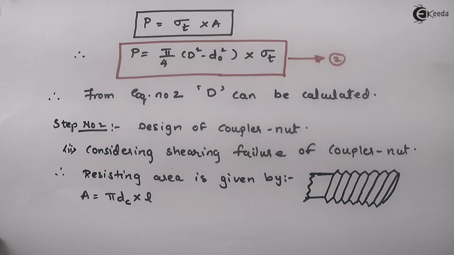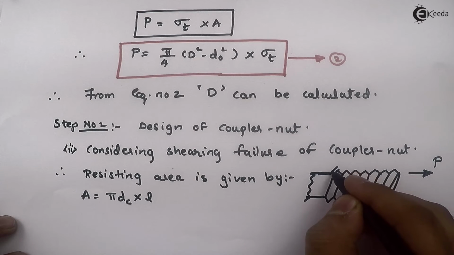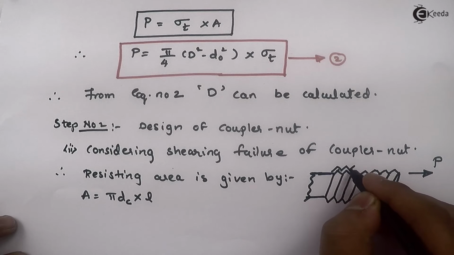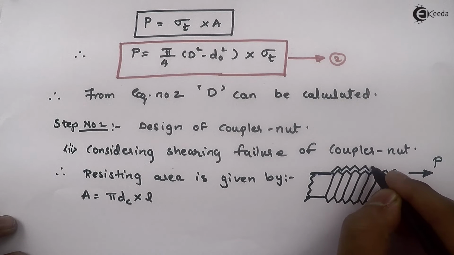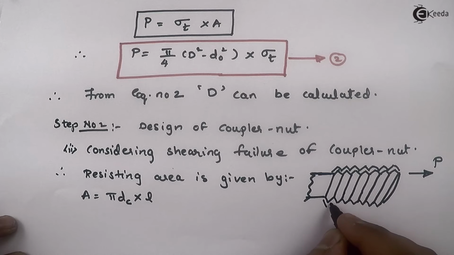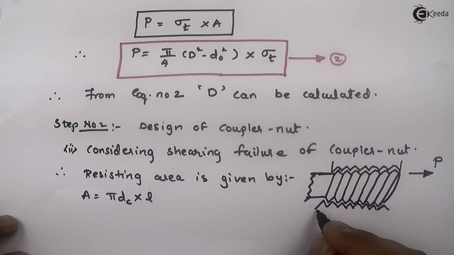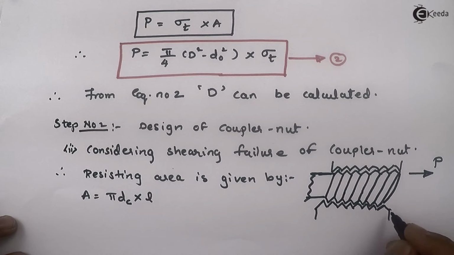Now how it will shear is that when the load is applied, suppose for example if it is towards right, then this screw thread is in contact with the nut, or we can say the coupler nut. It is in contact with the coupler nut as I have shown here.